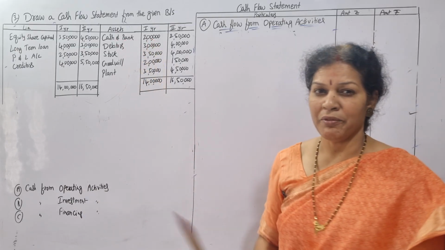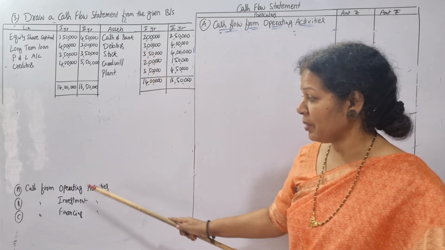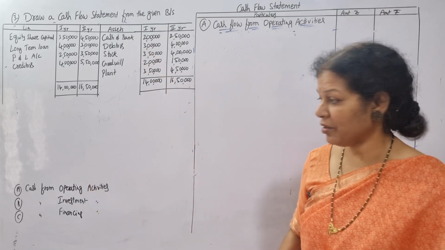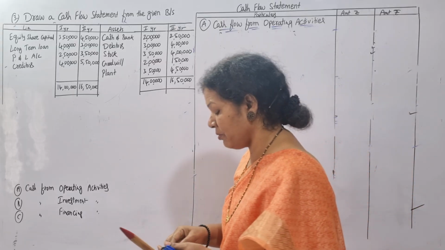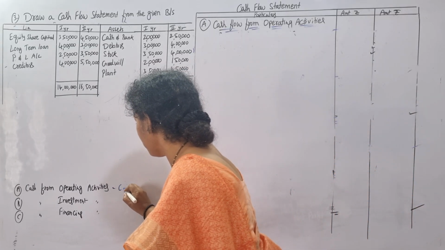See, cash and bank we don't touch. Now debtors come under the operating activities, because operating activities means we always take current assets and current liabilities.